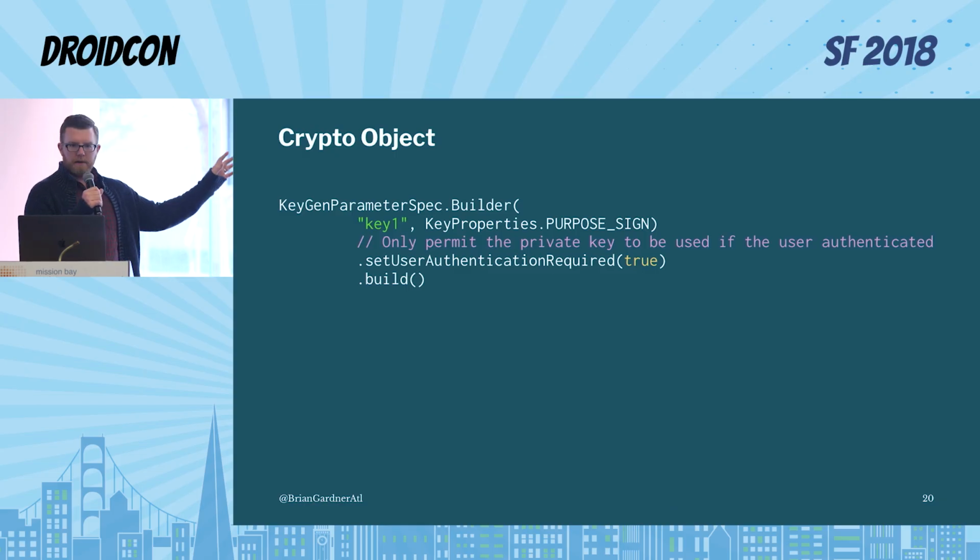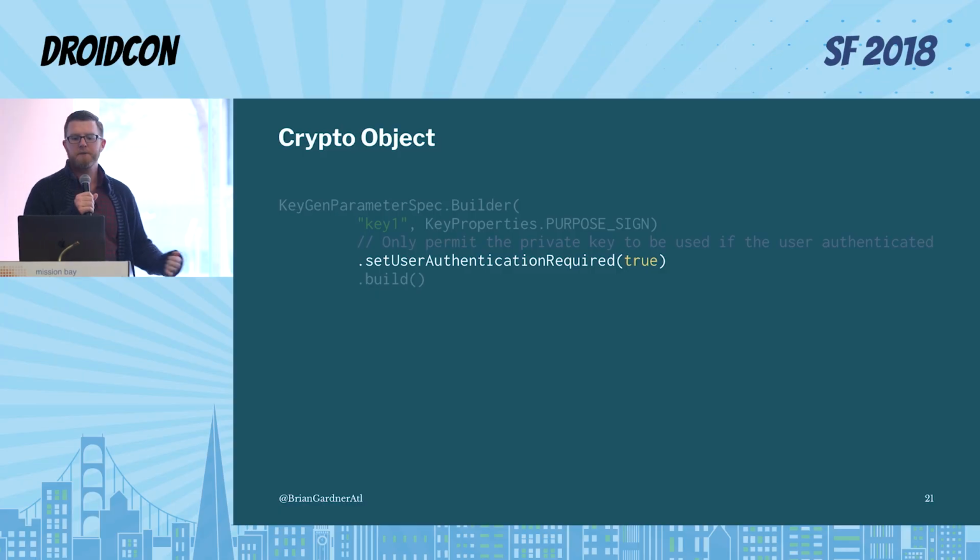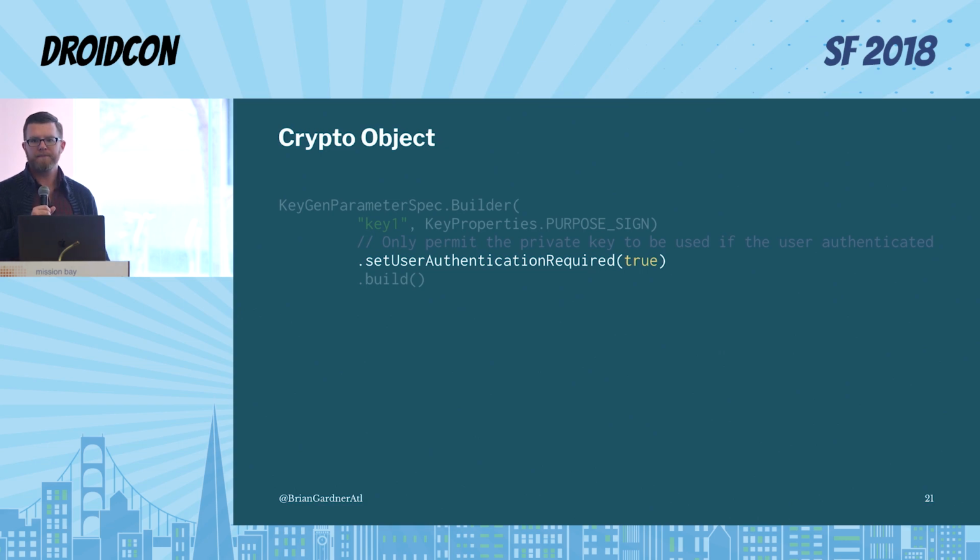I'm not a security specialist, so I don't really know much about that, but I do know that when you generate these particular crypto objects, there's a function you call, set user authentication required. You set this to true, and it basically says, hey, anytime you want to use this thing to maybe sign an email or something, the user must authenticate in order for it to be used, or it won't work. So once you set this, this is when you'll use that second authenticate method. So it's like, hey, I need to sign an email, prompt for the fingerprint, verify it, and then you'll be able to use it.